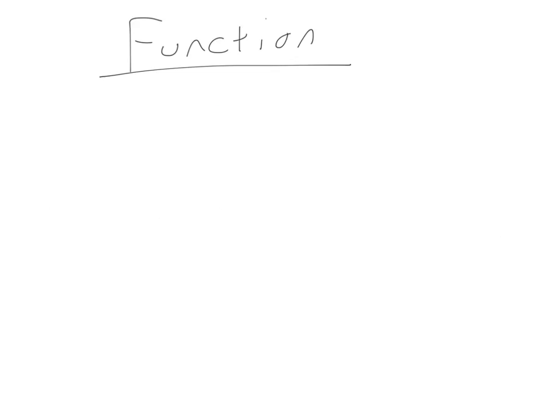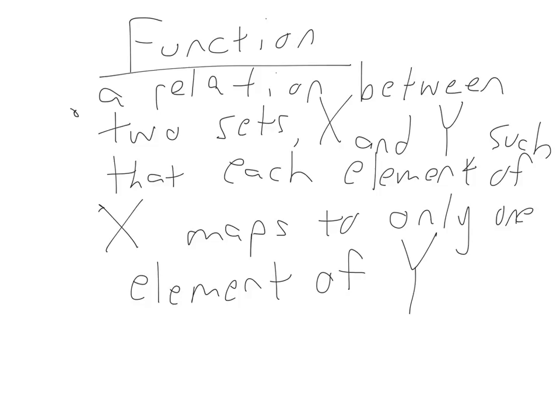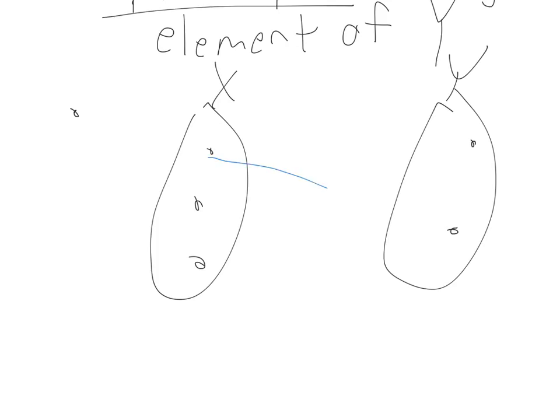Now I'll go over the exact definition of a function. A function is just a relation between two sets x and y such that each element of x maps to only one element of y. Alright, so it might look like this.